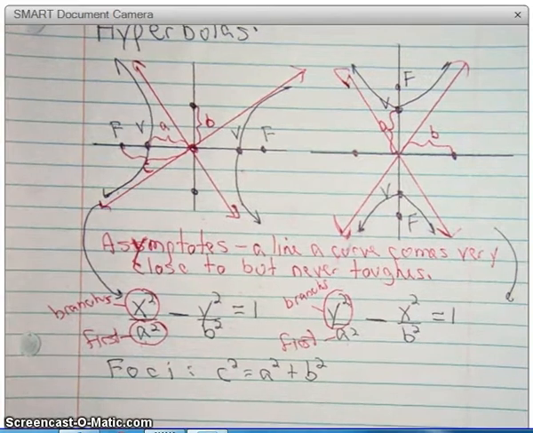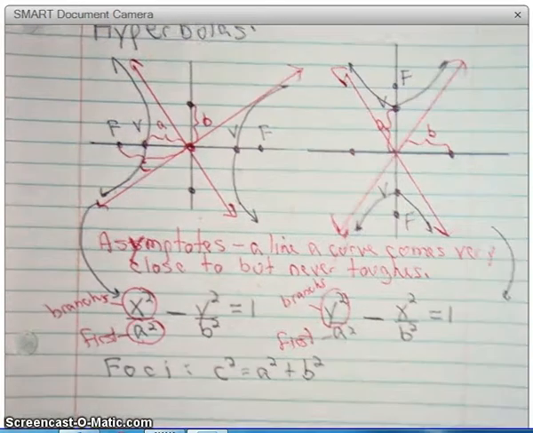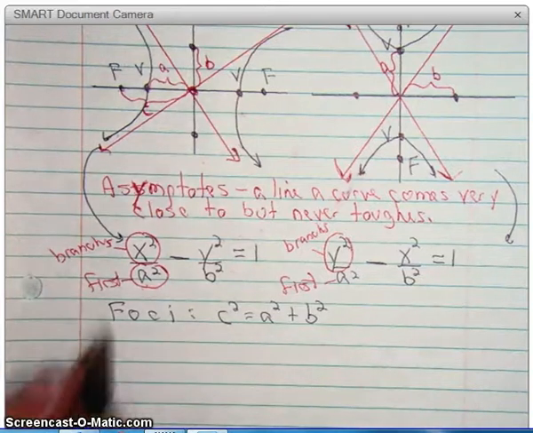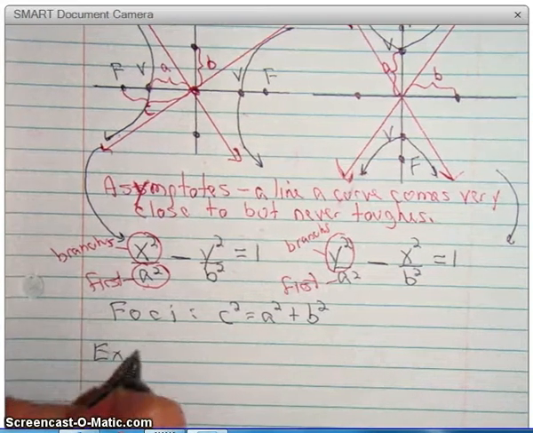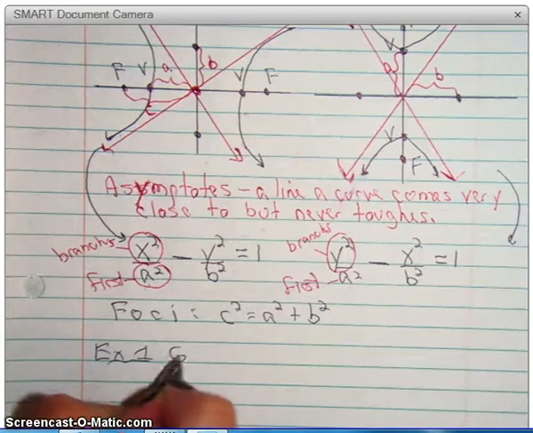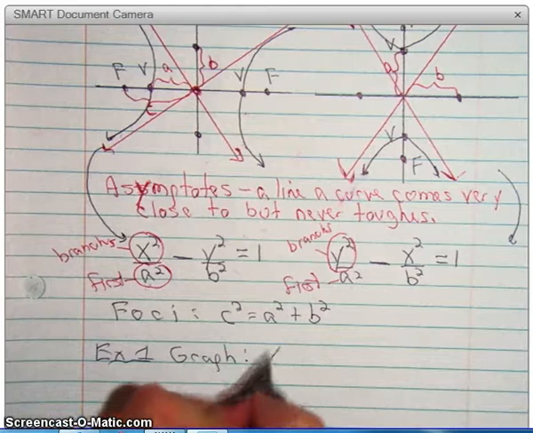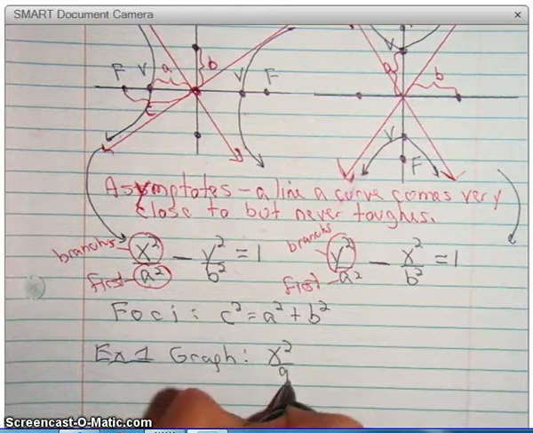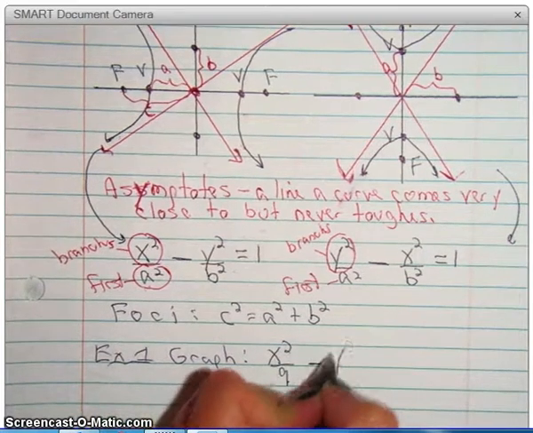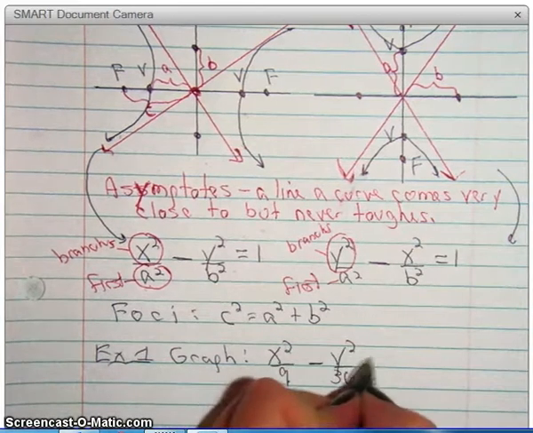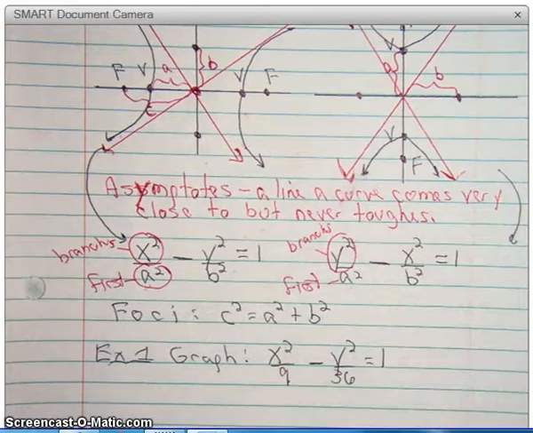Let me show you guys how to graph these. So, example 1 is graph x squared over 9 minus y squared over 36 equals 1.